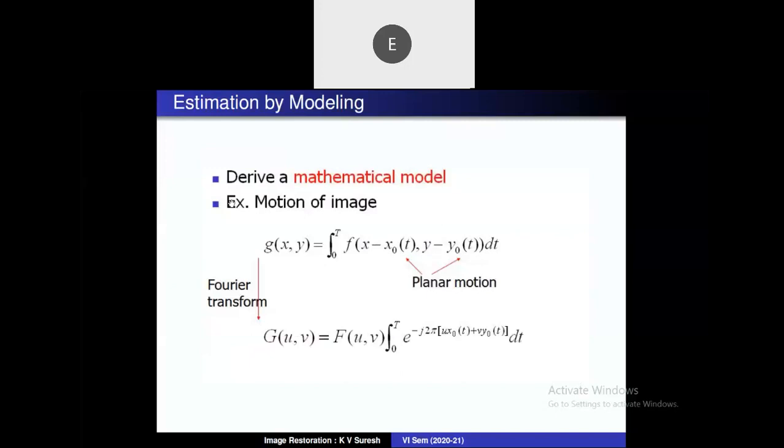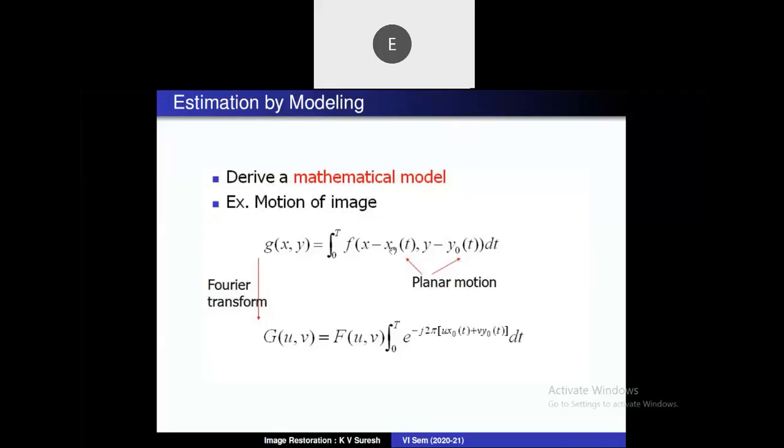Okay, so let me repeat. We are into the third method of estimating the blur transfer function, which is estimation by modeling. You have to develop a mathematical model, and we are taking motion blur as an example.